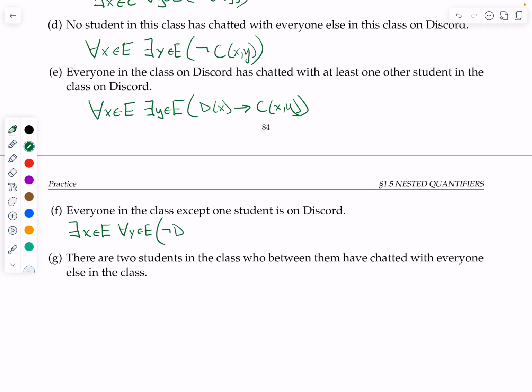The first student is not on Discord, and, how am I going to say this, everyone else is on Discord. So as long as X and Y are not the same person, then this other person is on Discord. Wow, lots of parentheses there.